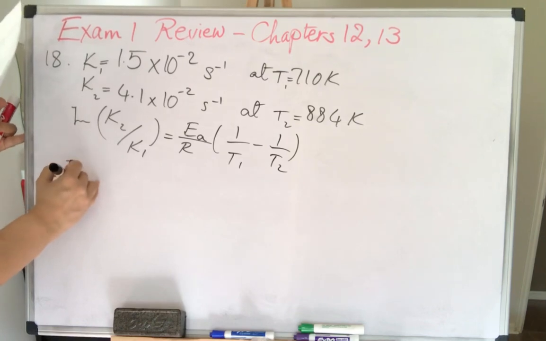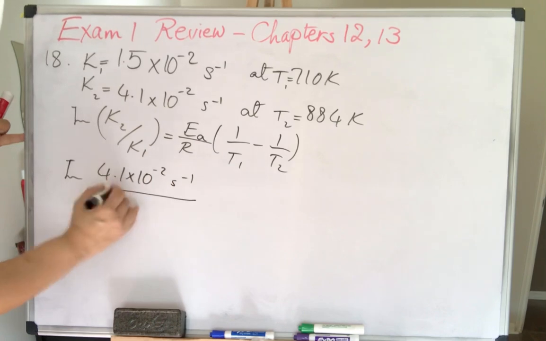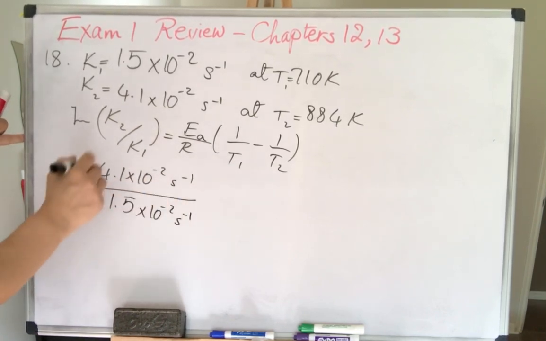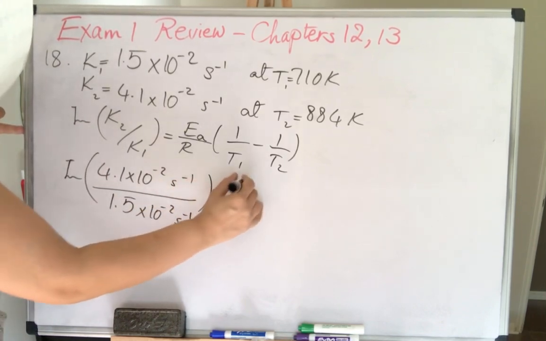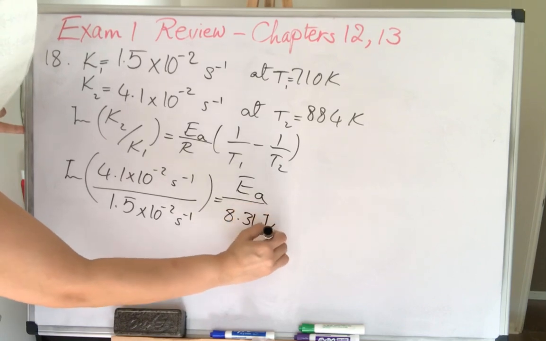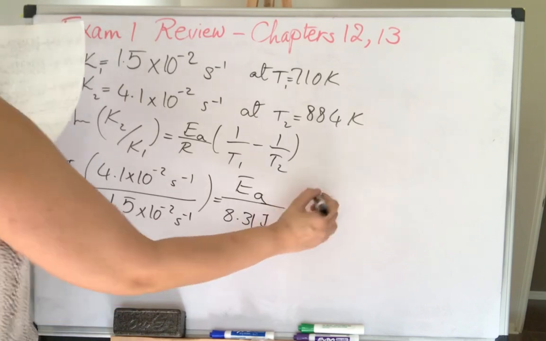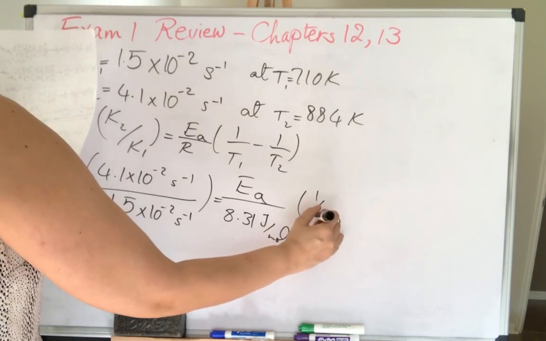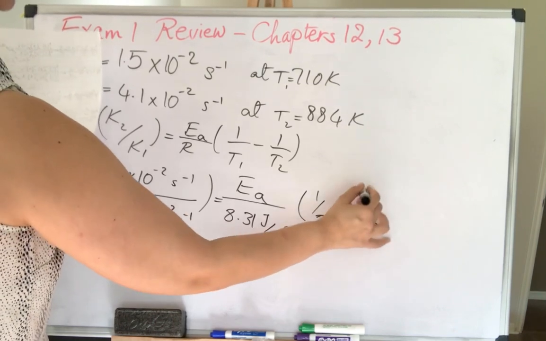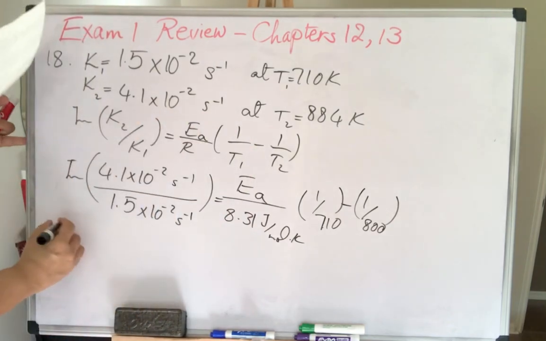So plug them in. 4.1 times 10 to negative 2 per second divided by 1.5 times 10 to negative 2 per second. And it's going to be Ea. R is 8.31 joule per mole Kelvin. And inside parentheses that you need to calculate is 1 over 710 minus 1 over 800. Make sure you put them in separate parentheses in the calculator.